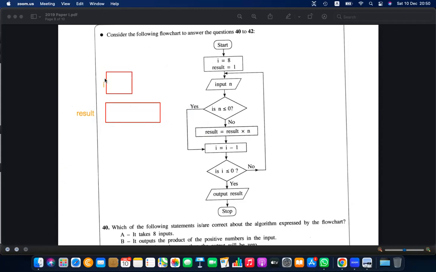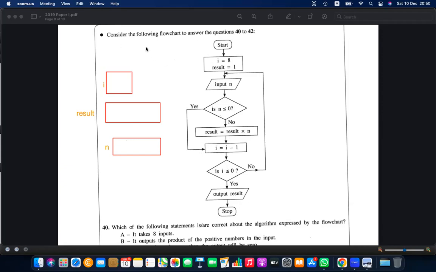Then I is there, the result variable is there. Is there any other variable? N, input N. This N we don't know, but still you have to put a box to N also. Still it's unknown. And then based on the N, you have to manipulate the result and then finally put the result as the output.